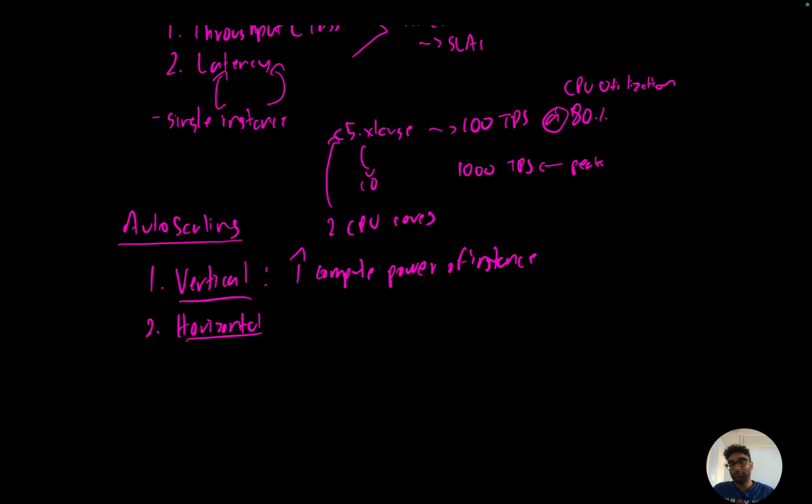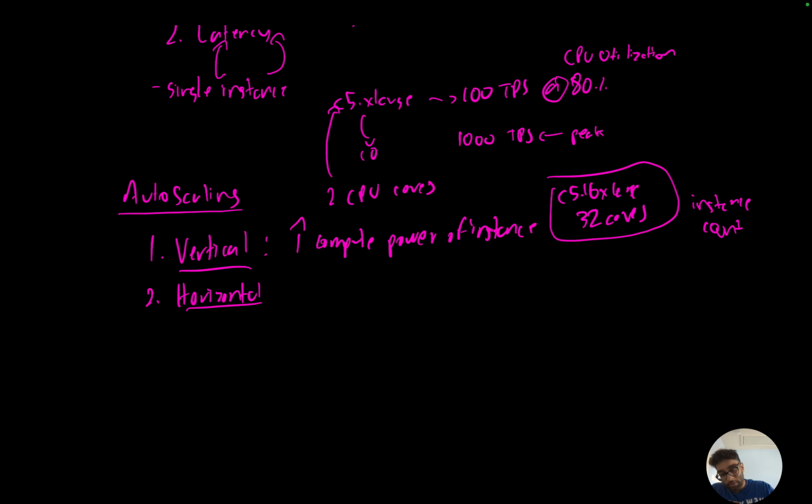And I say I actually want a beefier instance, such as maybe a C5 16xlarge, which has something like 32 cores. This actually increases the compute power itself behind the instance. So I have a larger set of compute, maybe the same instance count, but my machine itself is more powerful and able to handle more traffic and perhaps handle a higher throughput at a better latency than my previous instance was. So that's one way of scaling.